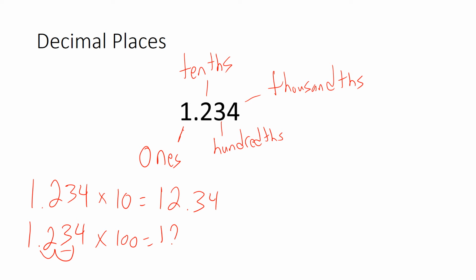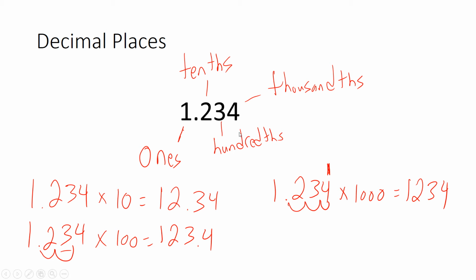So that'd be 123.4. And if we multiplied this number by 1,000, think what would happen there. We would move 1, 2, 3, which would take the thousandths place, and it is now in the ones place. That's 1,234. This is going to come in handy with today's lesson.